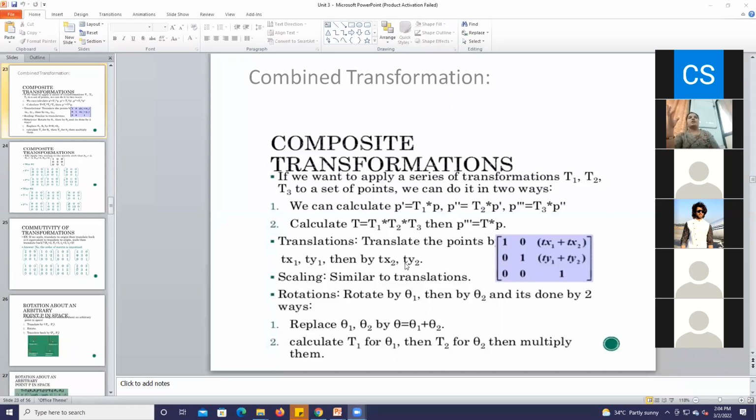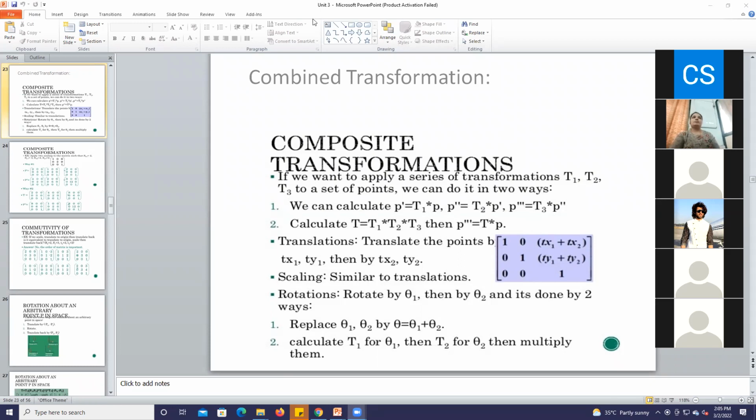So that is nothing but 2 translations on the same object with different tx1 ty1 tx2 ty2. मग हे जर मला कंबाईन करायचं असेल तर how I can do? I can simply add the distance. tx1 and tx2 ची addition, ty1 and ty2 ची addition. So if I will do that, I can get the combined effect.